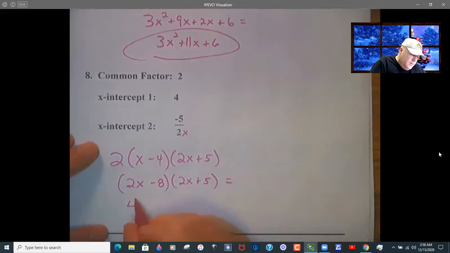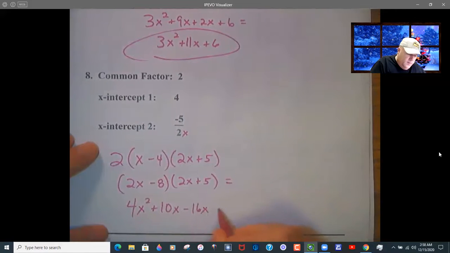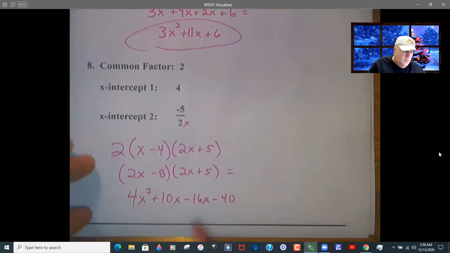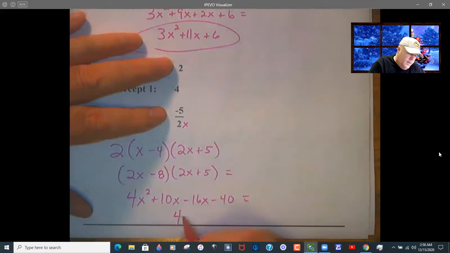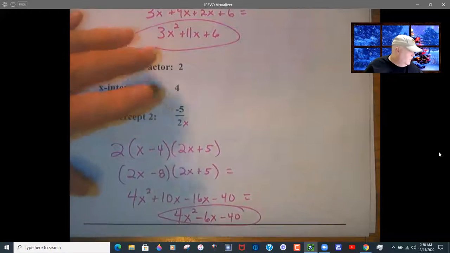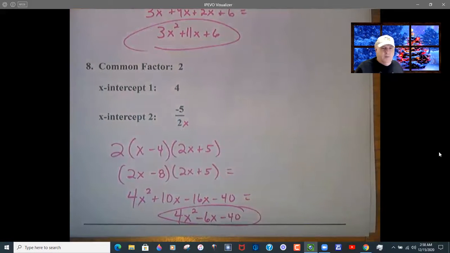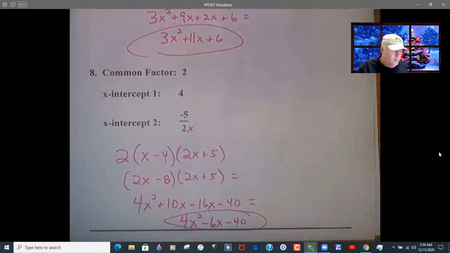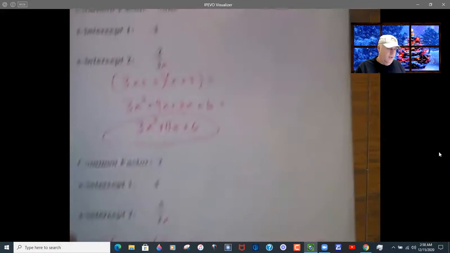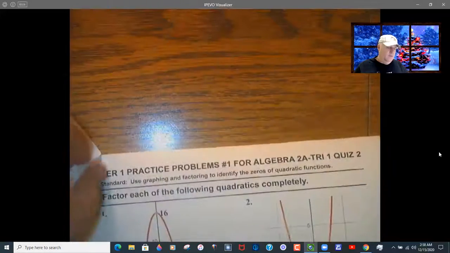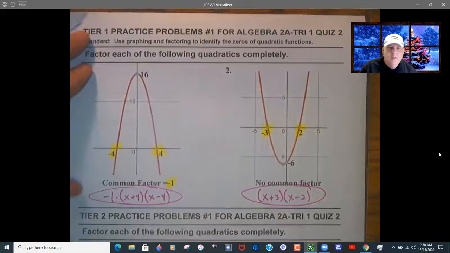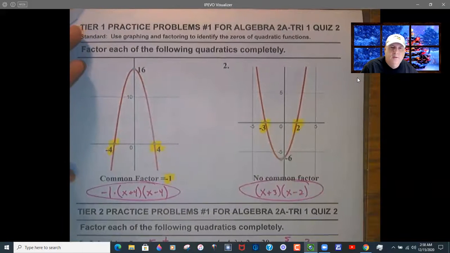And then we're ready to do the FOIL product. So 10x minus 16x minus 40. And so this is 4x squared minus 6x minus 40 for the final standard form quadratic. So please only multiply the common factor into the first factor. And that is the first practice for quiz 2 in the first trimester.